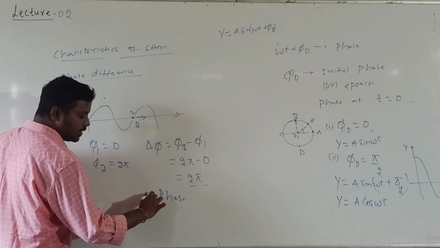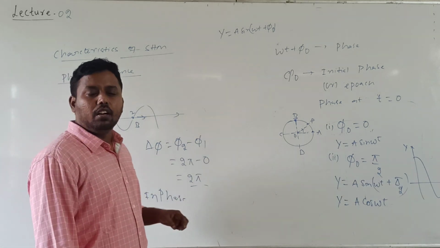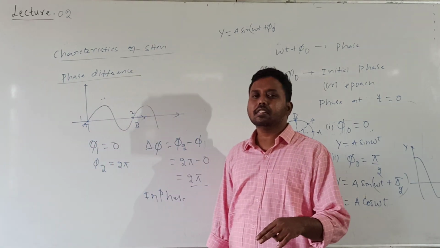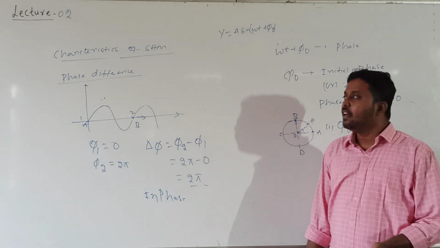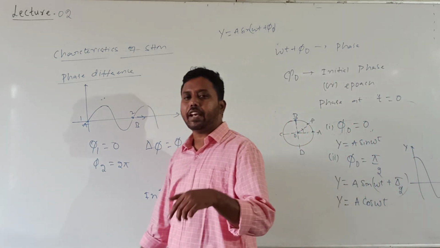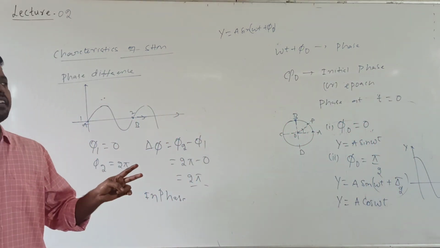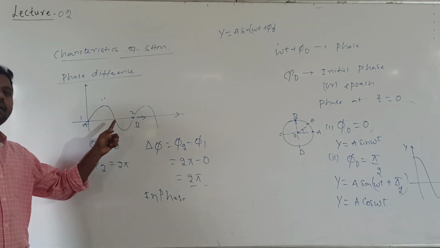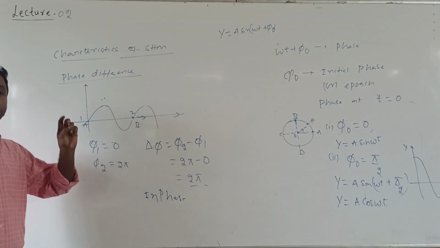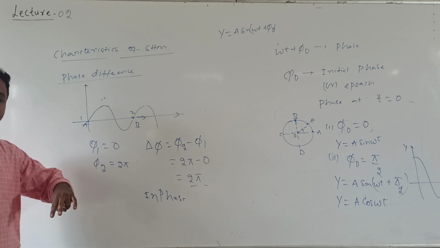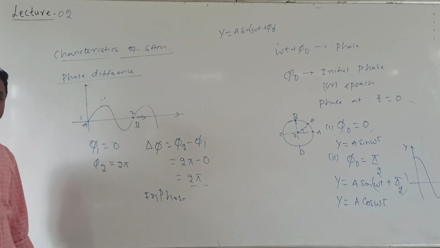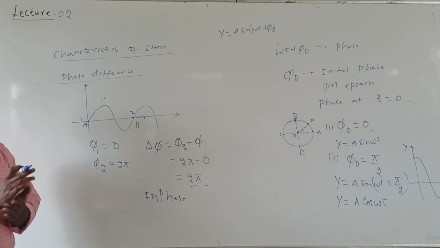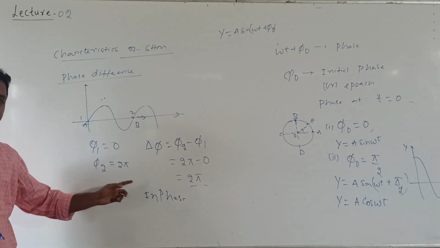To call two particles in phase, the phase difference between them should be equal to 2 pi. Whenever two particles are in phase, A is also at mean position, B is also at mean position. Whenever two particles are in phase, they are in the same vibrating state. The state of the particles is the same in phase.